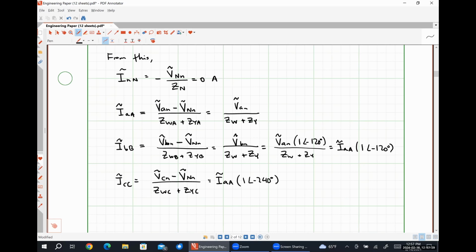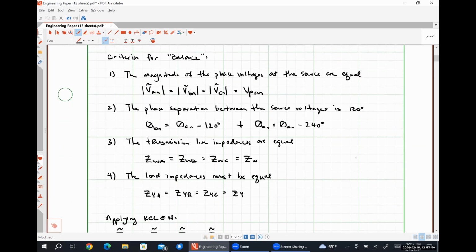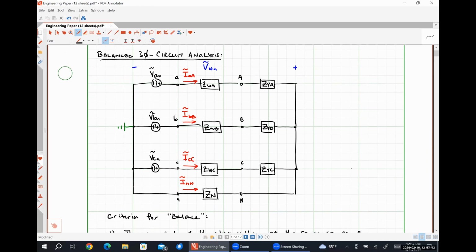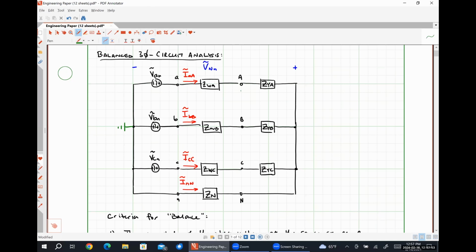So I want to look at our line voltages here really quickly. Okay. So let's look at this voltage.